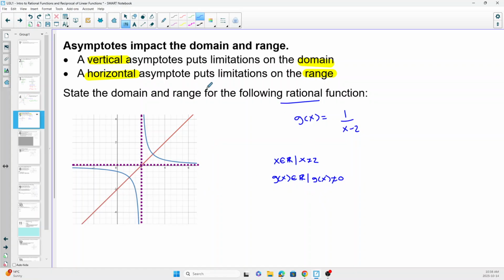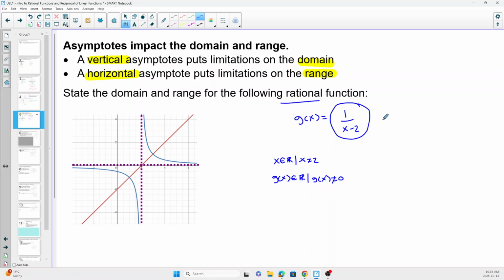Okay, so we must be able to state the domain and range for our rational functions, and as we move through this unit, we will not always have the graph to state the domain and range. Which means we're going to need to be able to look at this and just from looking at this know, okay, well, I can't ever put an x value of 2 in here, and I can sub in pretty much anything I want and get back any function value, but I'll never get back 0.